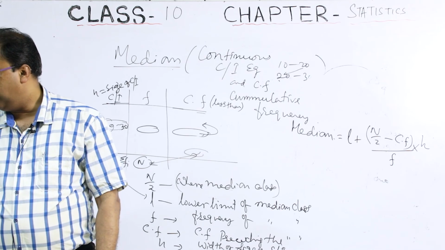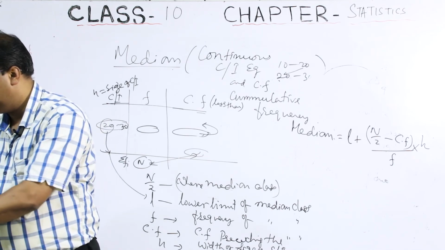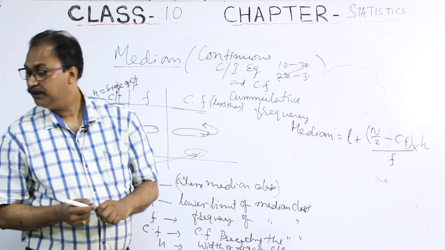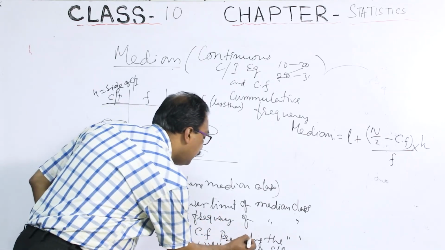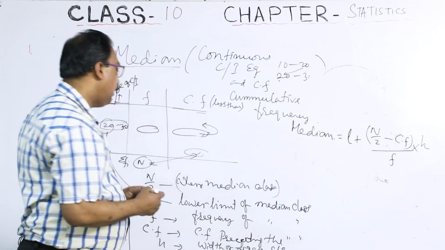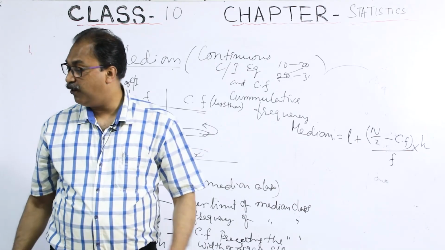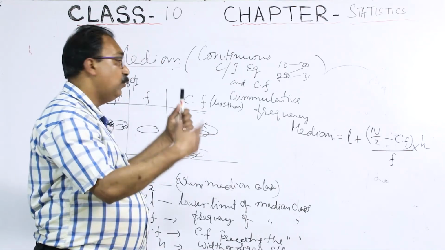In that way we are able to formulate. Clear? The preceding one is CF, preceding the class interval, and the width of the class interval is H. So this is the formula of median. Next class I will explain with the problem.